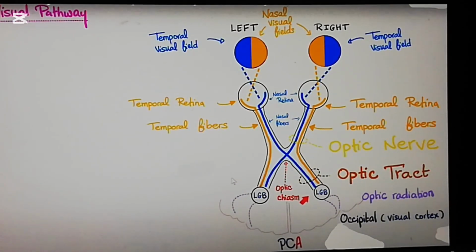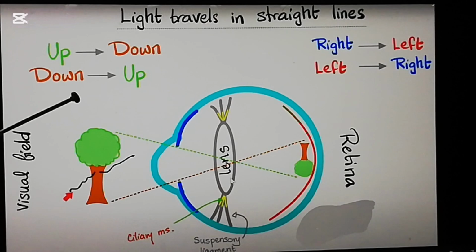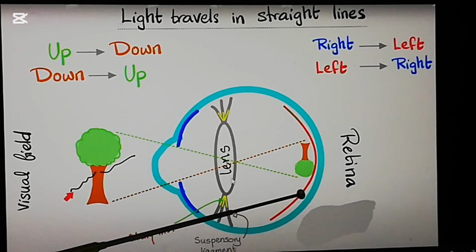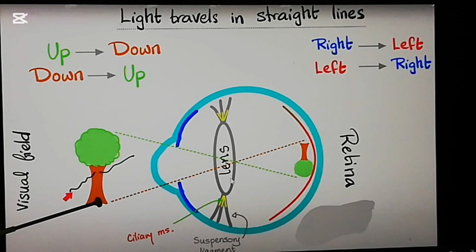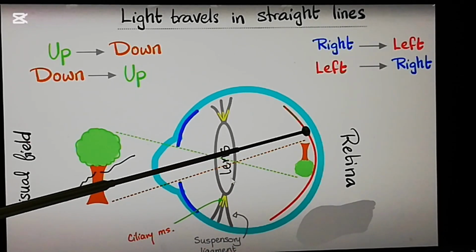Okay, now a picture just to remind you of all the previous things we have discussed. As we know that light travels in a straight pathway, so if you can see a tree, the upper leafy area is hitting the lower end of the retina and the stem area or bark area of the tree is hitting the upper part of the retina.